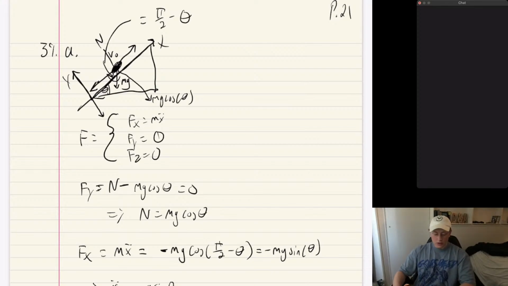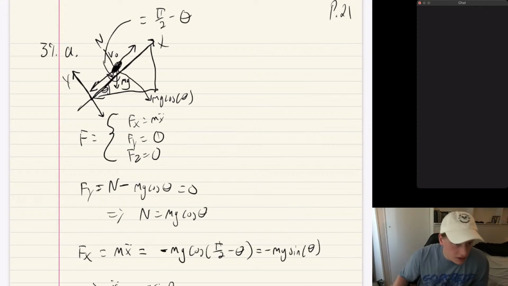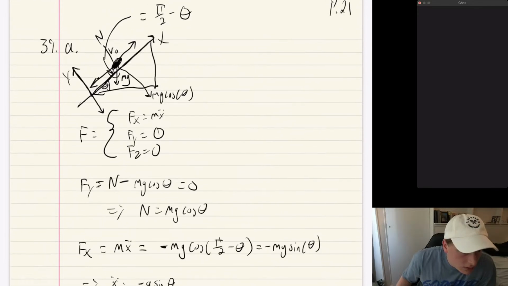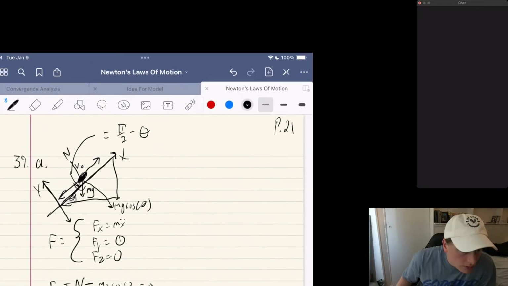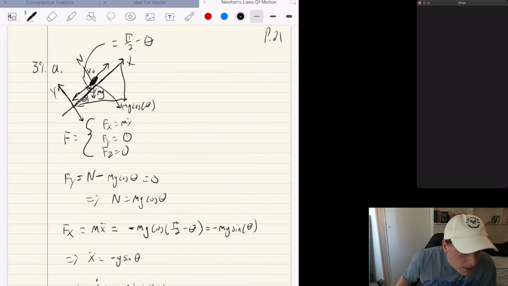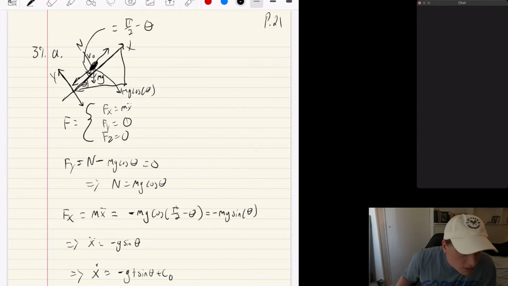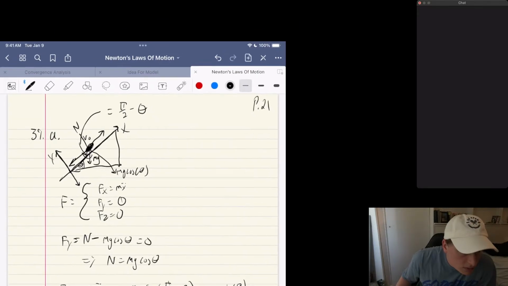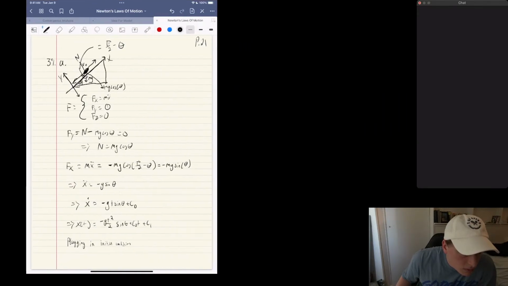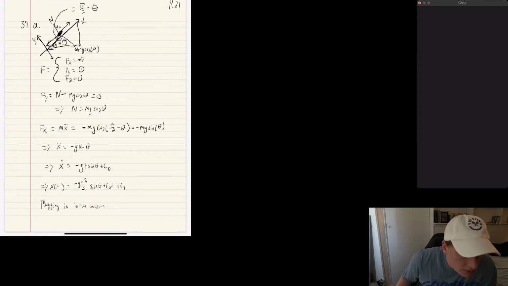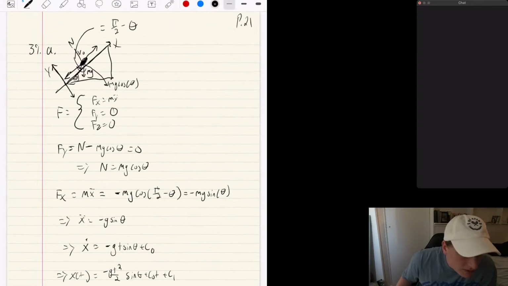Hold on. This thing is not fitting on the screen. Okay, unlock it. And we make it smaller maybe. It's still too big. Now it's too small. Perfect.